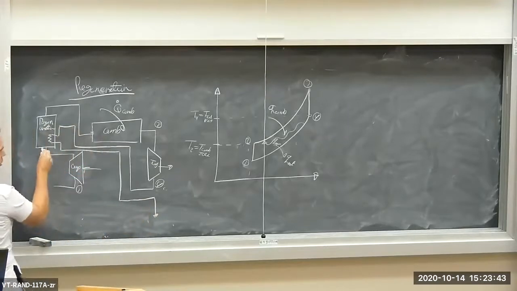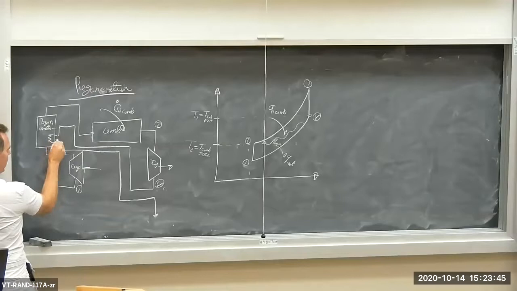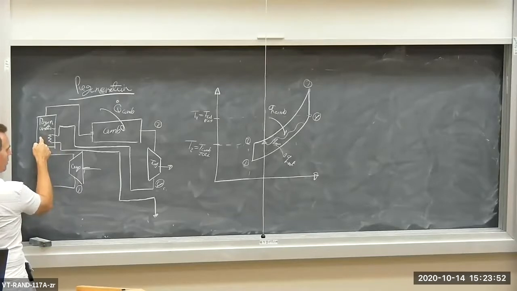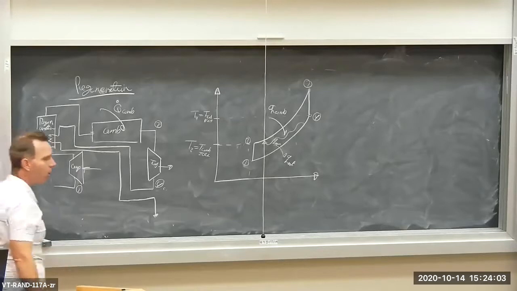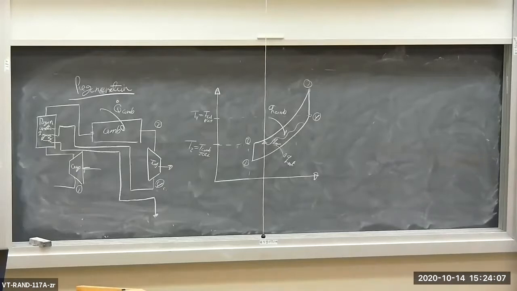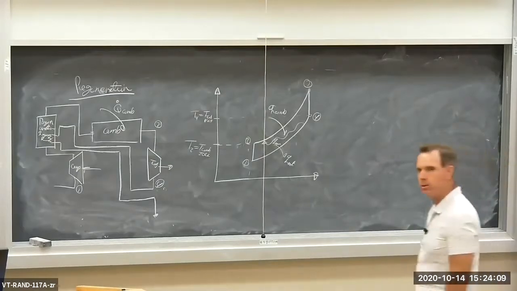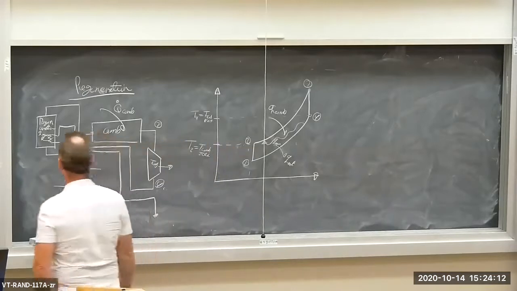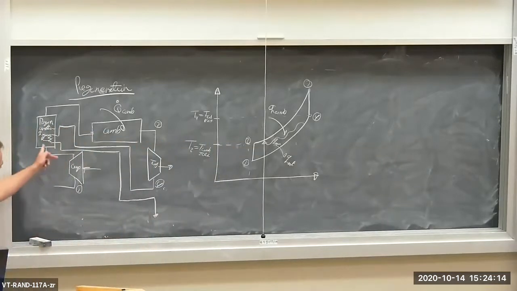I could put them in thermal contact, so this will be a channel or a duct containing the very hot turbine exhaust, and this channel contains the relatively cool combustor inlet gases, and naturally heat Q regen will flow from the hot exhaust gases out of the turbine into the cool combustor inlet gases.